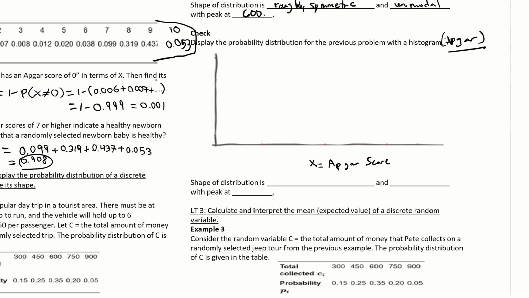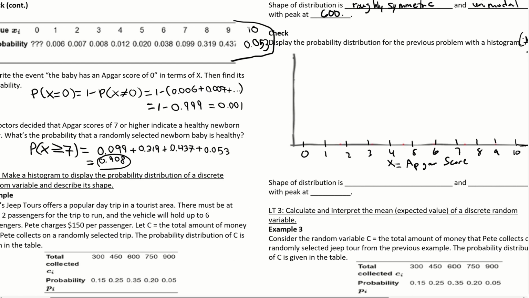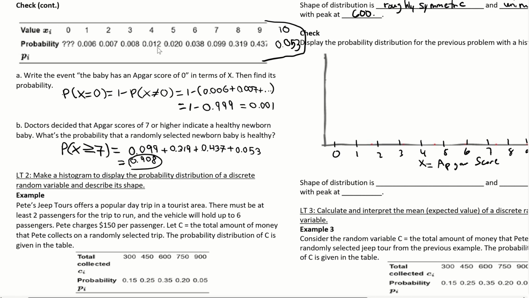And we'll just start 0 here, 1. Okay, so 0 to 10. And now if you look at the numbers, the highest number is 0.437.